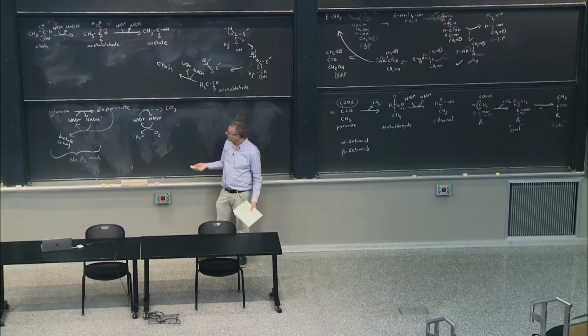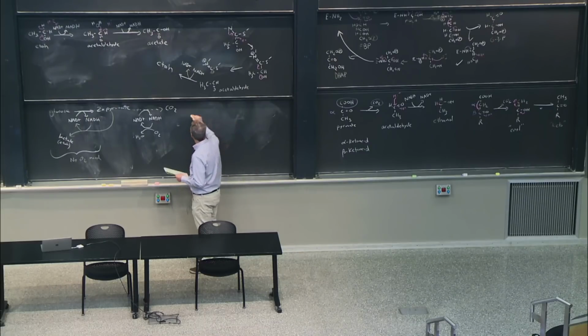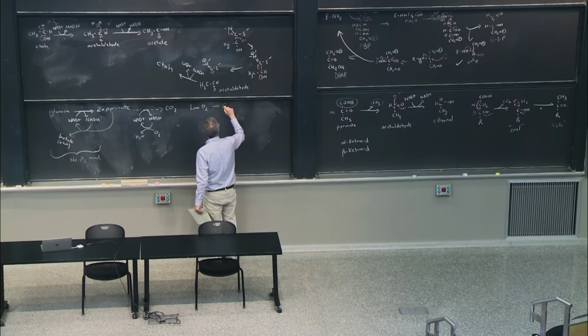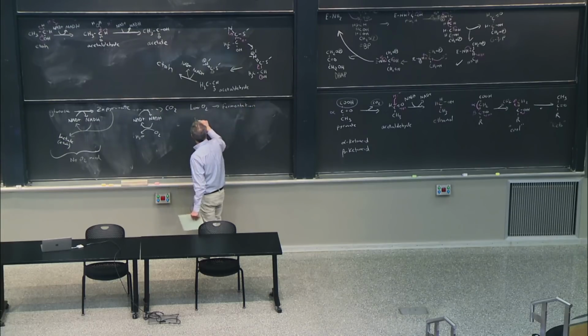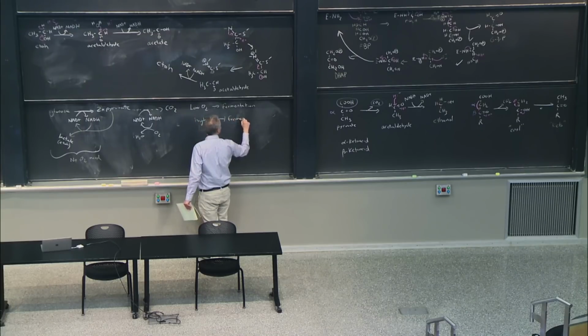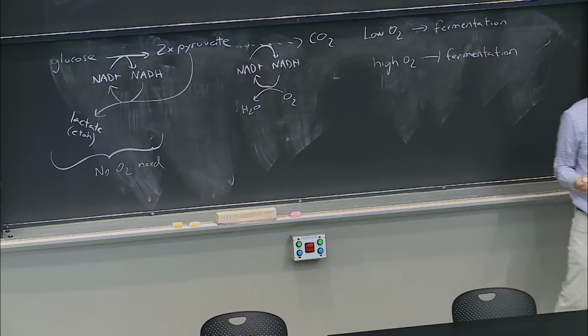And so a major way that glycolysis and certainly fermentation is regulated is that low oxygen promotes fermentation, whereas high oxygen suppresses fermentation, and that makes sense.